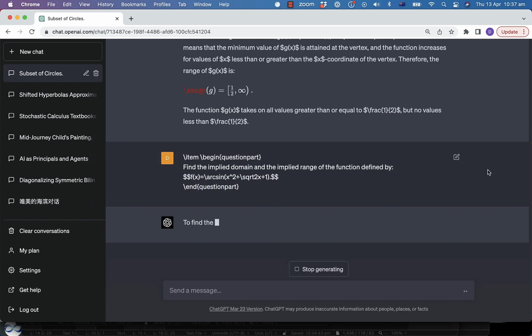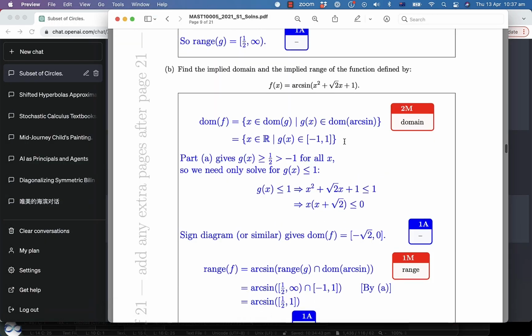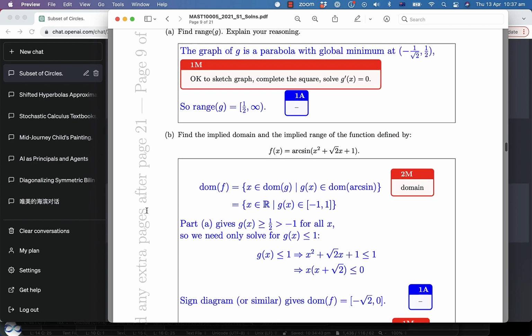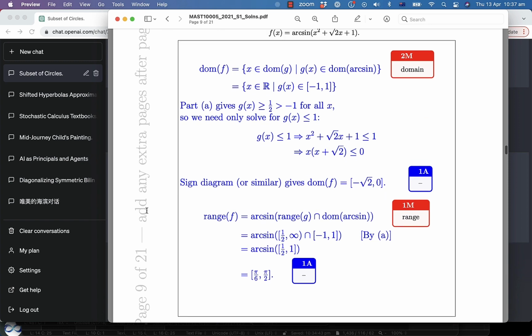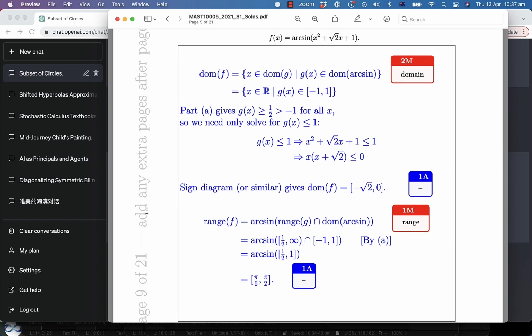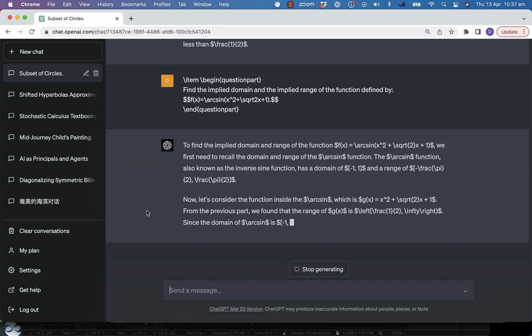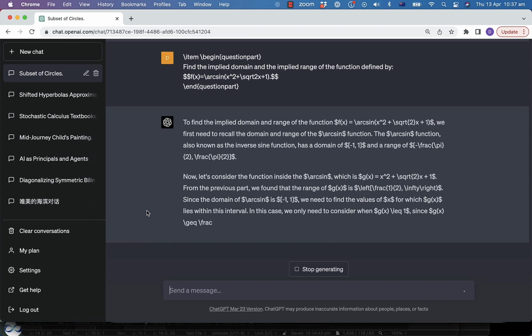So B. Implied domain and range. Oh, this is arc sine. Implied domain and implied range of arc sine of the function we just were talking about. You got five marks for this question. So it only renders the LaTeX if, I mean, it doesn't render inline.